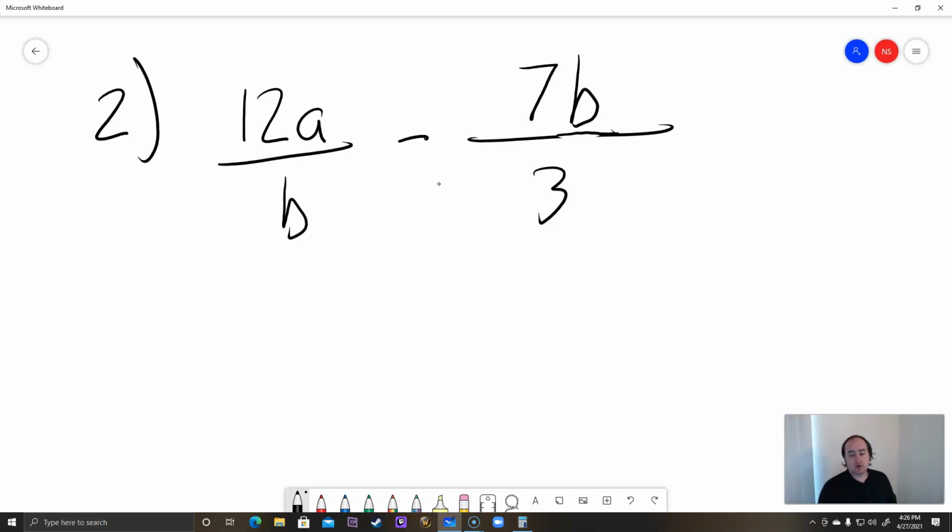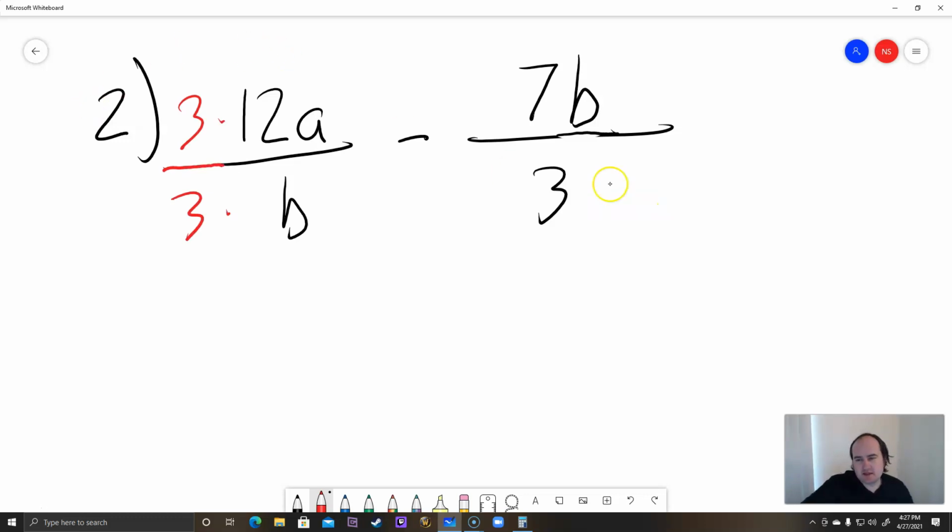So once again, these don't have the same denominator, so we need to build them to the same denominator. And the way we do that is we multiply by what we're missing in each denominator. So in the first denominator, we can see we have a b, but we don't have a 3. So we're missing a 3 here, which means we're going to multiply the first fraction by 3 on the top and the bottom. So we just multiply by what's missing.